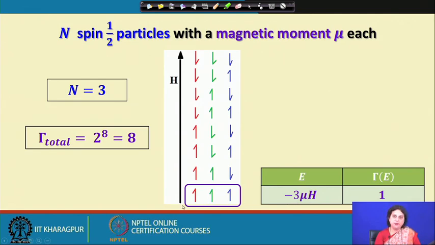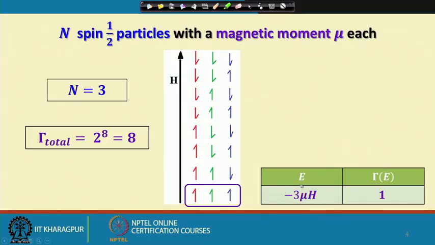If you have 3 particles, each of which can have either up spin or down spin, there is only one way in which this situation can be arrived at, and therefore the number of microscopic states associated with this energy value is equal to 1.